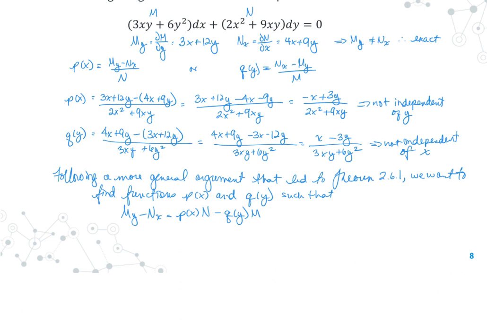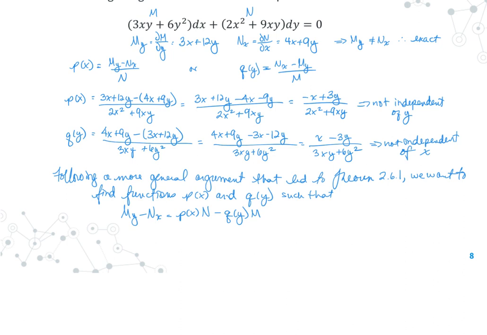So what we're going to do is find that we have a system of equations, and we're going to solve it to figure out what p of x and q of y equal. If you want to know where this concept comes from, I would suggest looking in the textbook to read up on the derivation of how we got to theorem 2.6.1. Unfortunately, there's just not enough time for me to go through all of that.